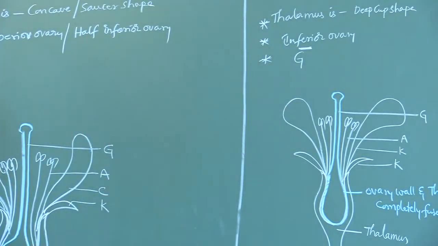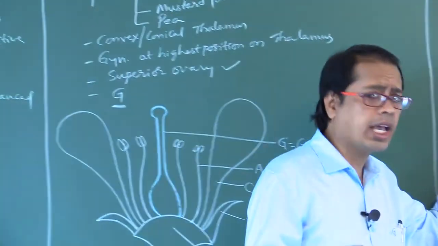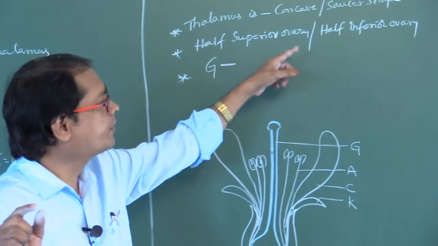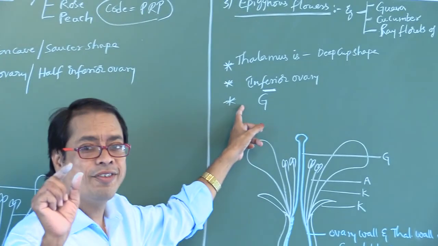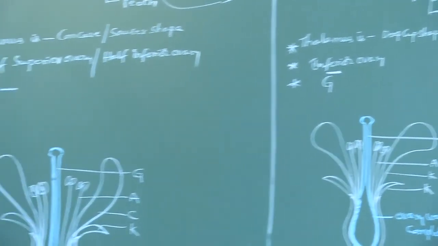Next, what type of ovary do you find? Here superior ovary is present, whereas in perigynous flowers half superior ovary or half inferior ovary, whereas in epigynous flowers inferior ovary is present. What is the position of gynoecium?